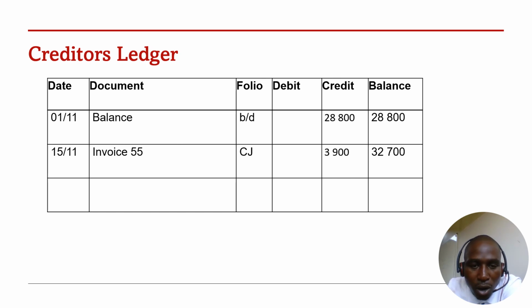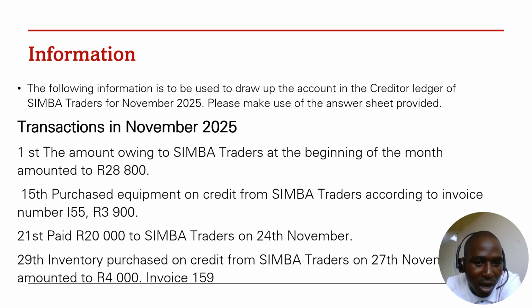You write on the credit side of your creditors ledger because we are increasing our credit. So write plus 3,900, and you'll add 28,800, that is the balance, plus the amount that is happening now, 3,900, and you'll have your balance of 32,700.